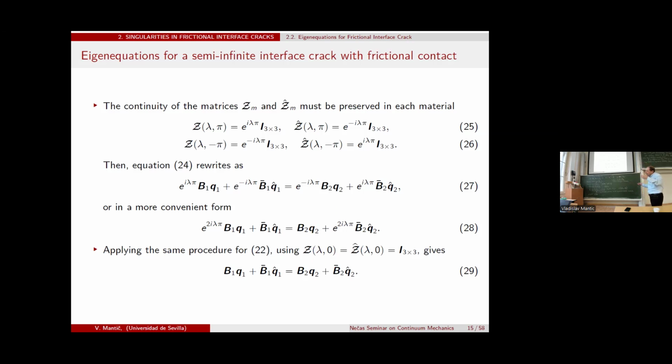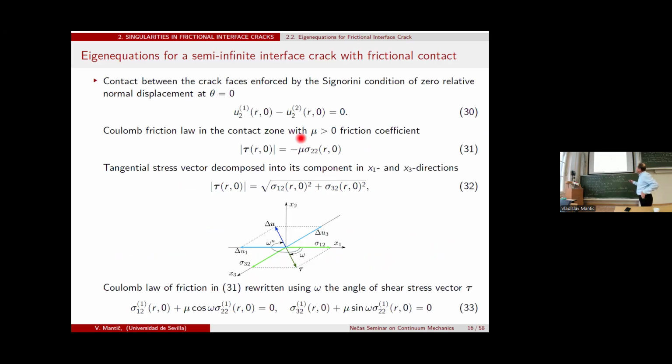And if we use the other condition for equilibrium of traction in the perfectly bonded part, we obtain this condition for the, at this moment, unknown vectors q1, q1 hat, q2, q2 hat. Again, I remind you that number 1 corresponds to material 1, and number 2 here corresponds to material 2.